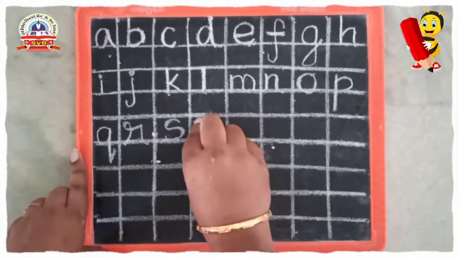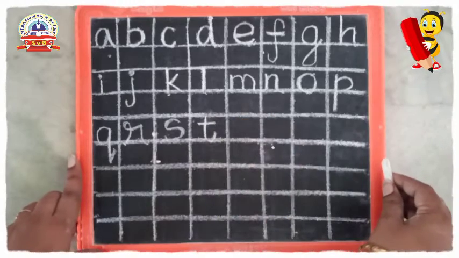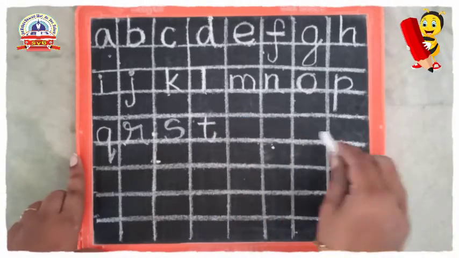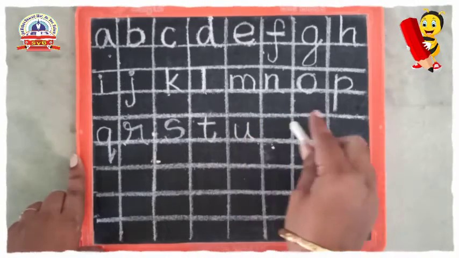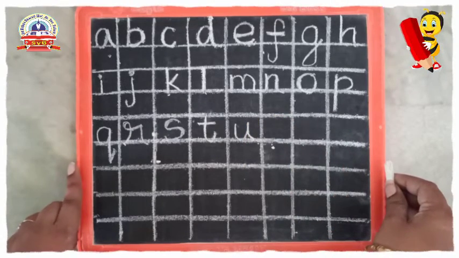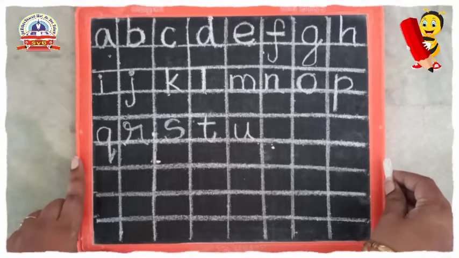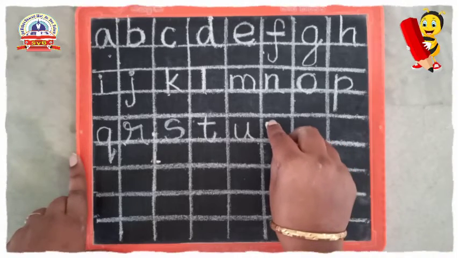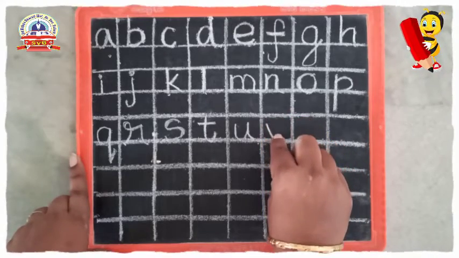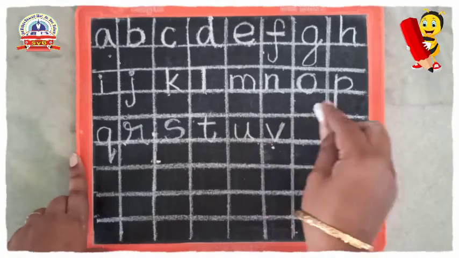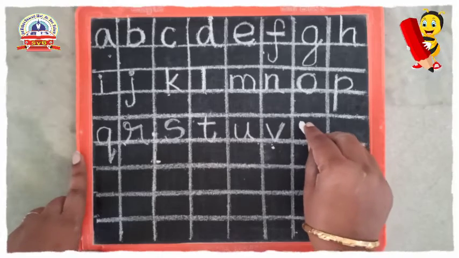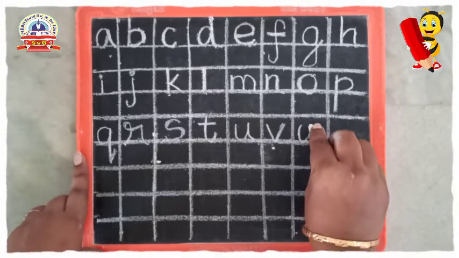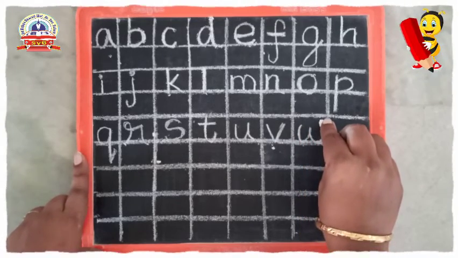This is Ik. Next comes A. Then Iv. See here, this is Iv. The next sound is Iv.